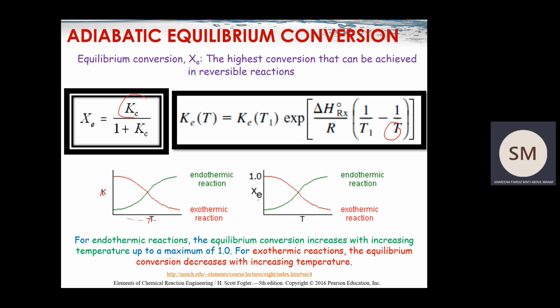But for X_E, it is the opposite trend to the previous graph: for endothermic, X_E increases with temperature, up to a maximum of 1 only, because the limit for conversion is 1. For exothermic reactions, the equilibrium conversion decreases with increasing temperature. So that's the analysis from the graph.